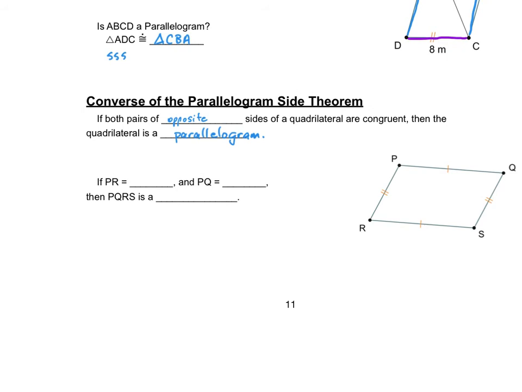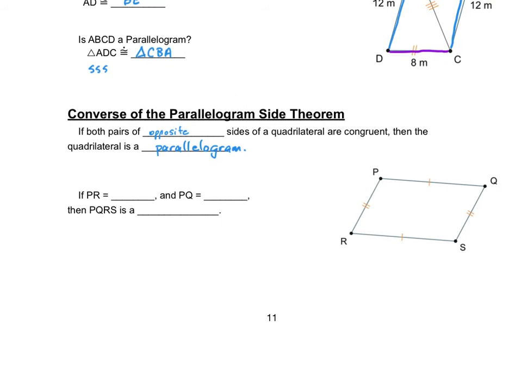So here in this case, we have: if PR is equal to QS, we can see that, and PQ is equal to RS, then PQRS is going to be a parallelogram.